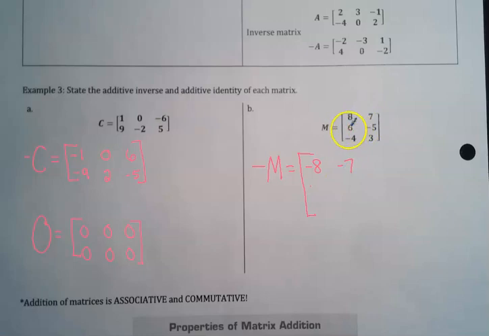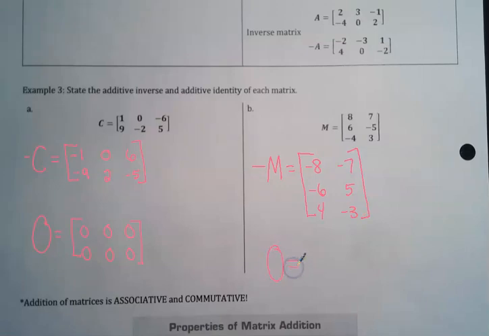Second row, 6 is going to be negative 6. Negative 5 is positive 5. Third row, negative 4 becomes positive 4. Positive 3 becomes negative 3. There is your additive inverse matrix.